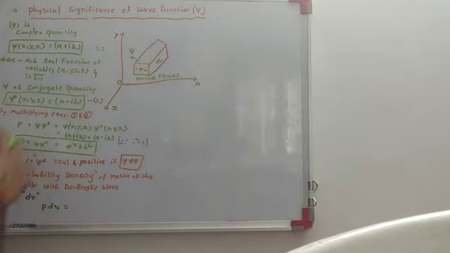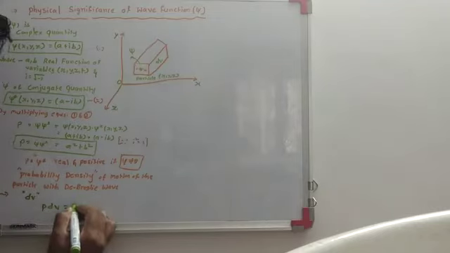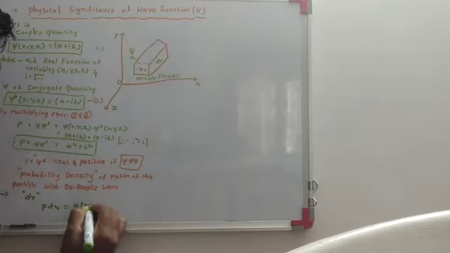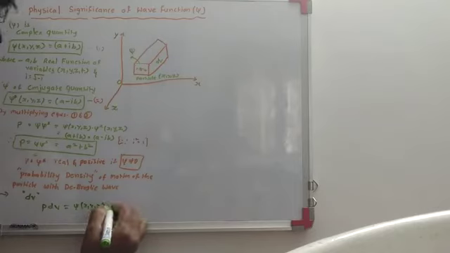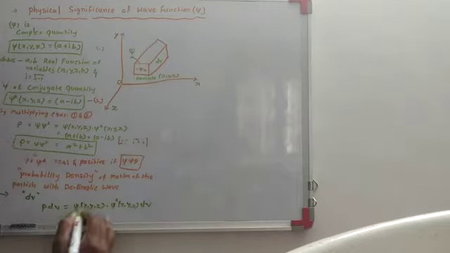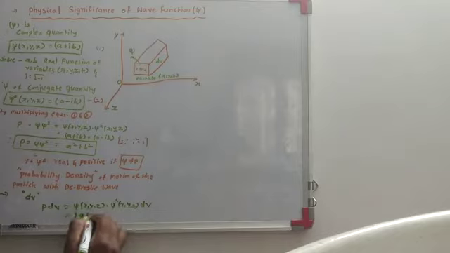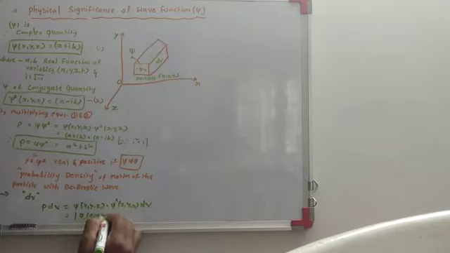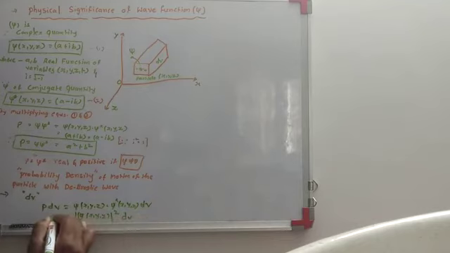P means psi of x, y, z into psi star of x, y, z dV. Now P dV equal to modulus of psi of x, y, z whole square dV.